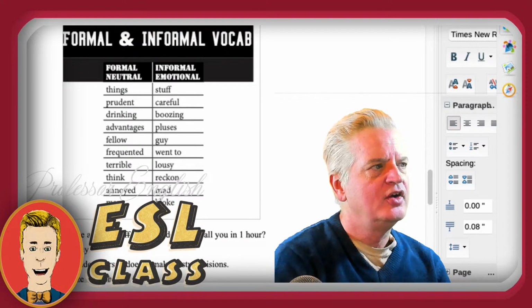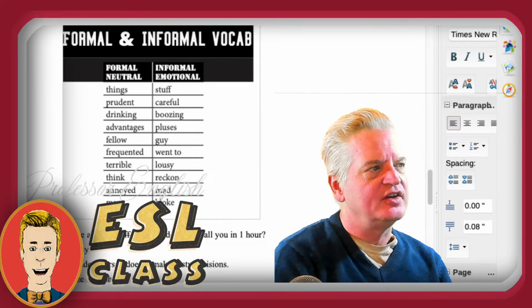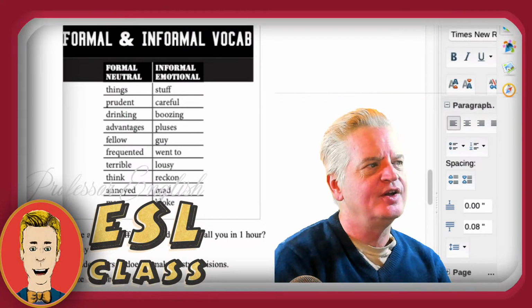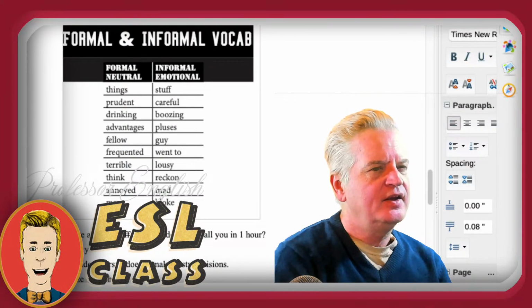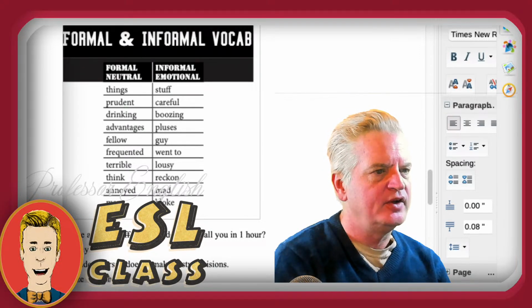According to the chart, it's more of a formal or neutral thing. Let's change it. How would you change that using went to? Make this sentence yourself. Mike and John, let's say they went to that cafe.